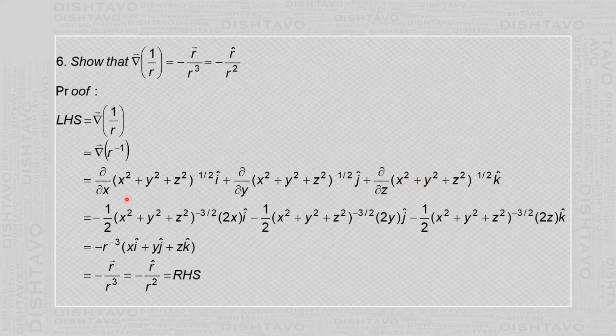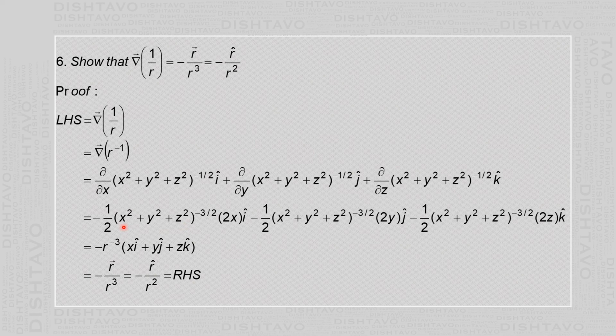Now let us differentiate the first term partially with respect to x. When differentiated partially with x, that power comes as a multiple, which is minus half, and the power reduces by 1, so minus half minus 1, that is minus 3 by 2, into the partial derivative with respect to x of what is inside the bracket.